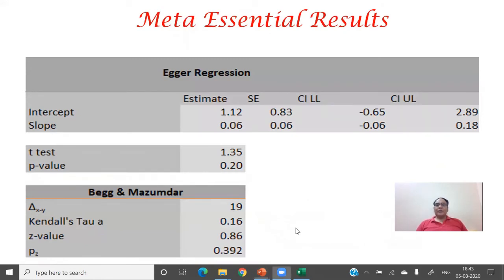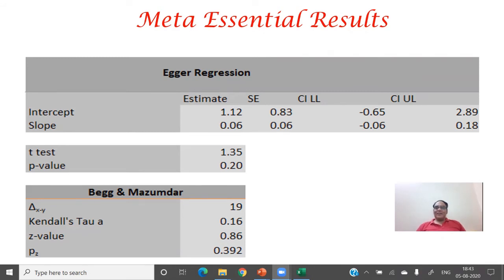The results I'm showing you are the results of case number 3, which I already shared with you, and I will show you the demonstration of Meta Essential also. But I want to know whether my study is biased or not, whether the data which I shared indicates publication bias or not. All the answers are right.